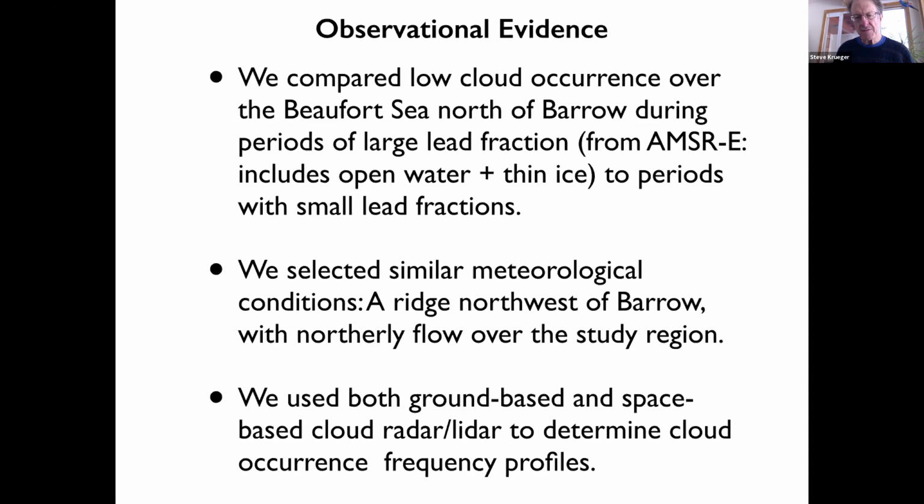This type of flow basically doesn't have low-level clouds in it unless they're in a very thin layer. We don't have deep precipitating clouds. And we used both ground-based cloud radar from the ARM North Slope of Alaska site and also CloudSat to look at the cloud occurrence frequency profiles.